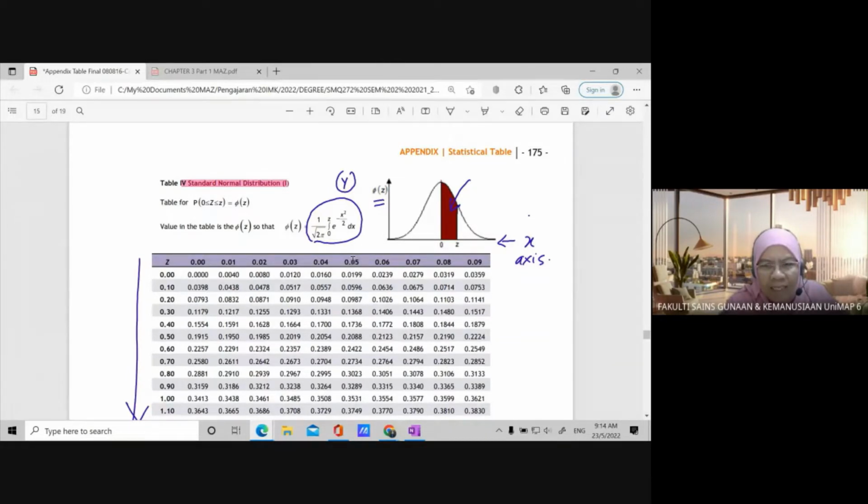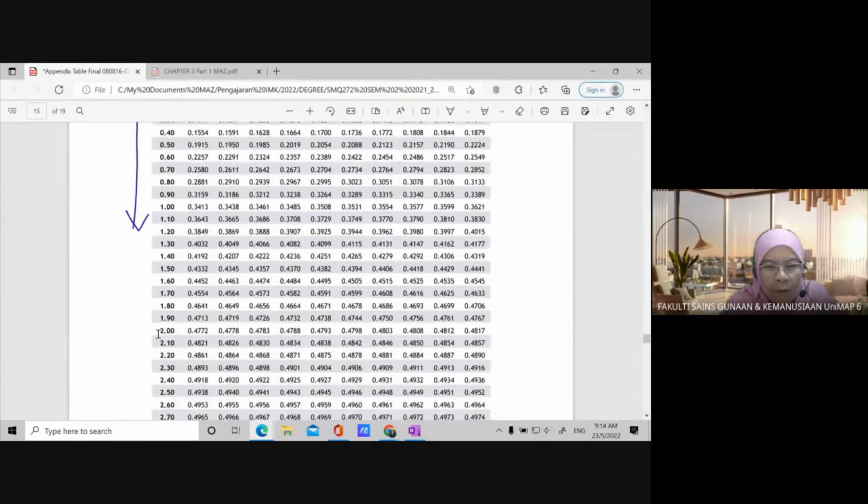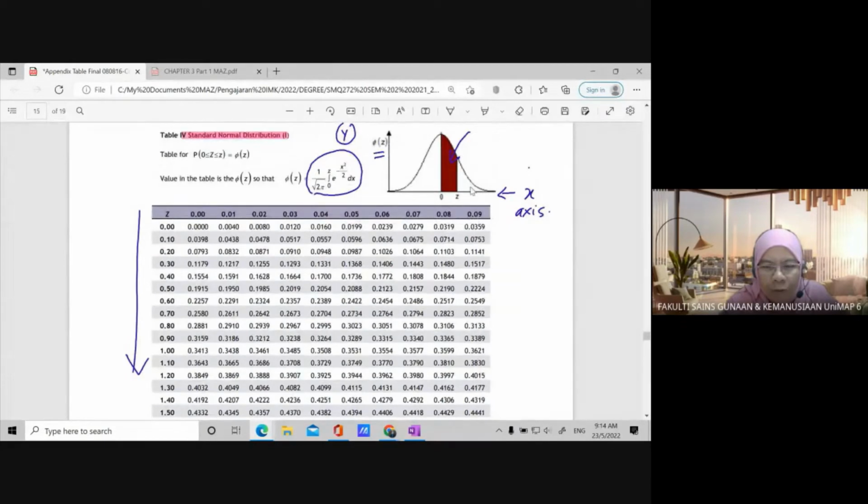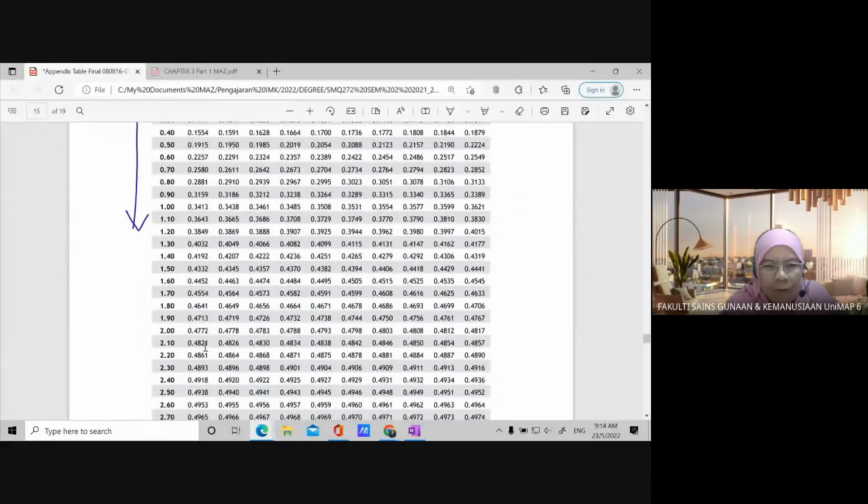What if my Z is equal to 2? Let's say my Z here is equal to 2. Go for 2.00. So this is the probability value. It should be larger than this one. The shaded brown area here is 0.4772.